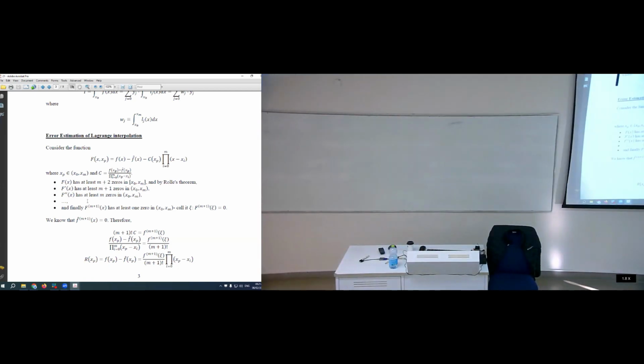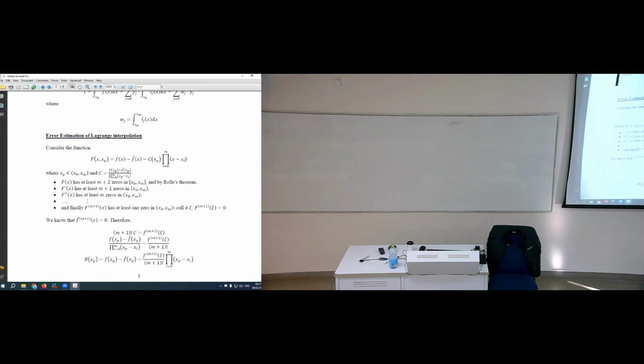It is the m plus 1 derivative of f minus Cp multiplied by m plus 1 factorial. And the m plus 1 derivative of the other part is 0, because this is a polynomial of order m.